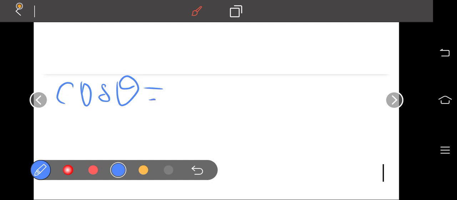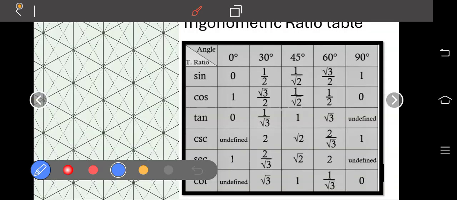Like sine 90 is equal to cos 0 degrees and sine 60 degrees is equal to cos 30 degrees. Okay, let's not get confused. Look at this table. Sine 90 value is equal to cos 0 value.